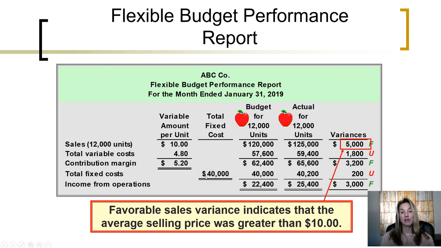Fixed cost would be the same whether we were budgeting for 10,000 units or 12,000 units, because fixed costs are fixed. They do not change as our level of activity changes.